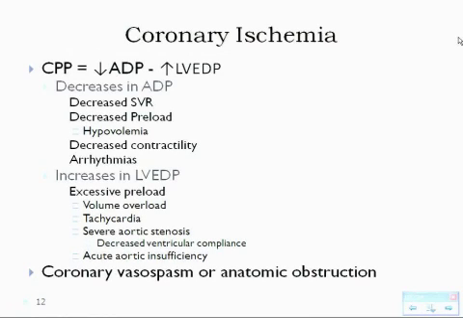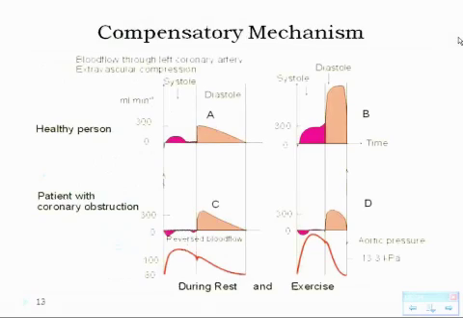It was interesting, though, your presentation. What you have is a normal compensatory mechanism. If you have a healthy individual, when you start to exercise, one of the things immediately activated is your sympathetic nervous system. And when your sympathetic nervous system becomes activated, you tend to normally increase your systolic blood pressure as well as your ADP. Your ADP rises at a faster rate than your systolic pressure many times.